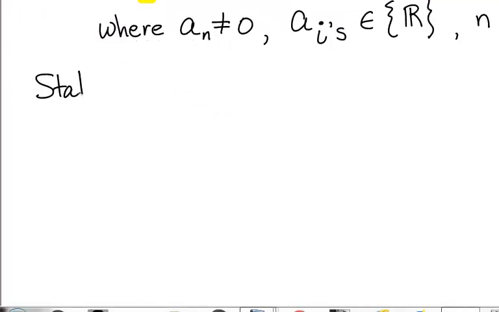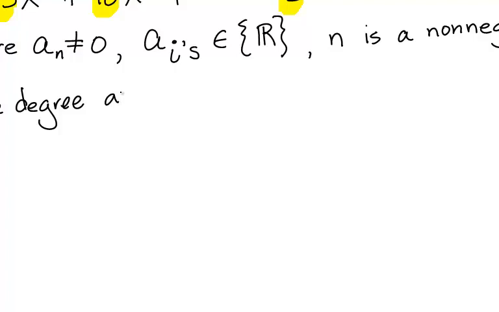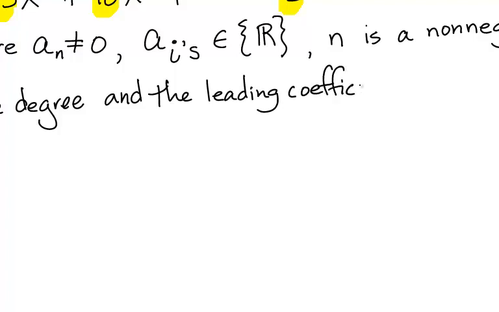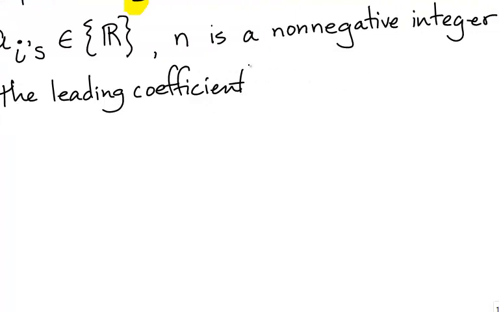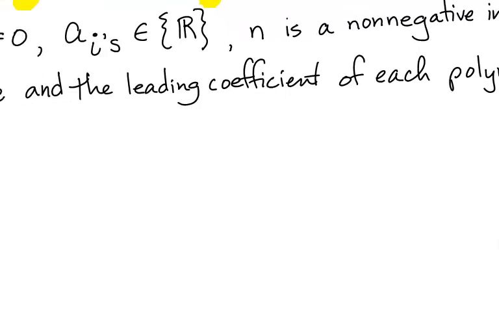State the degree, and they talked about that earlier. State the degree and the leading coefficient. The leading coefficient means the number in front of that highest degree term of each polynomial in one variable.